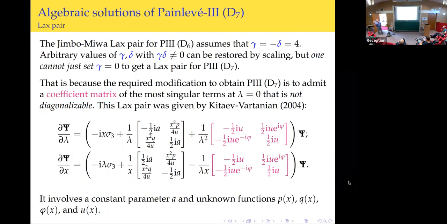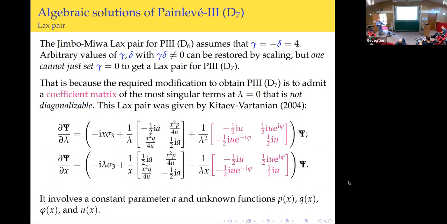And there's a really important reason for this, and that is that in order to write the Lax pair for the D7 equation, you have to replace the matrix that used to be standing in this spot as a diagonalizable matrix with eigenvalues plus or minus ix over 2. You have to replace it with a matrix that is nilpotent, not diagonalizable. So this matrix has 0 eigenvalues and cannot be diagonalized.